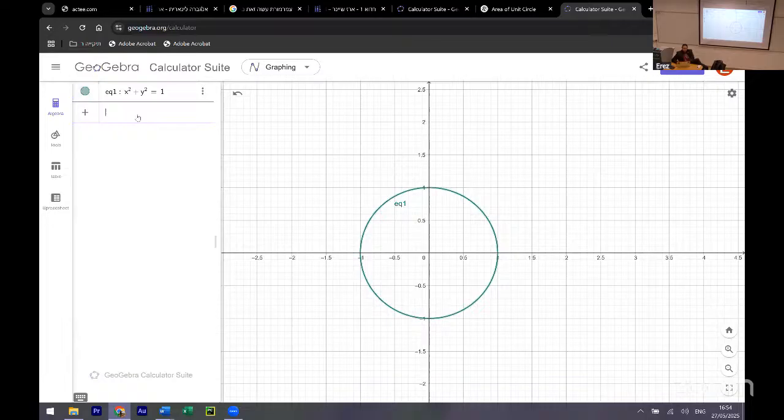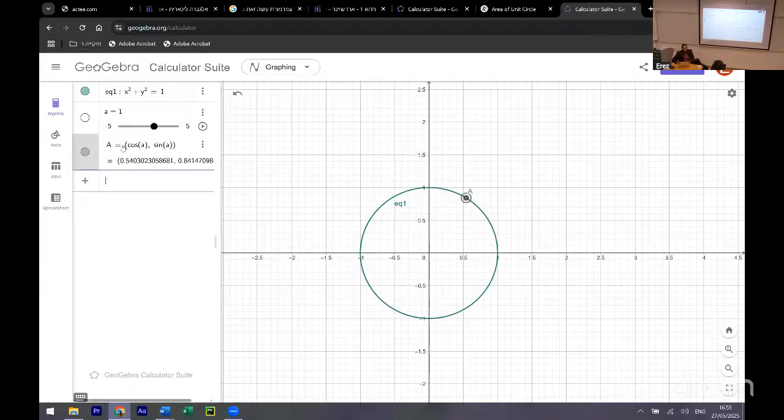So I'll take any A that will be my x-axis and I plot the point with angle A. So the point would be cosine of A, sine of A. And I plot the y values of this point.